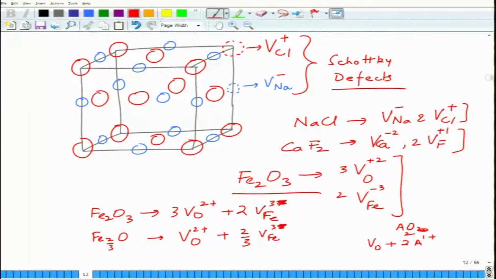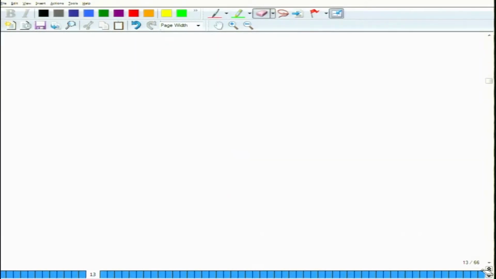Accordingly, for a solid AmOn, you can have the formulas written, all right. Similarly, you can write for AO2 and things like that. So, this is the way you write the Schottky defect. Then you can have Frenkel defects.